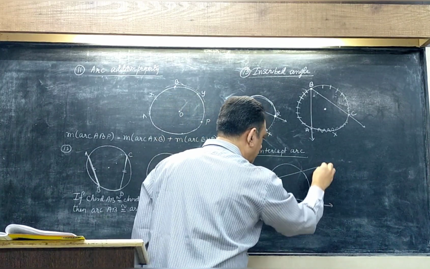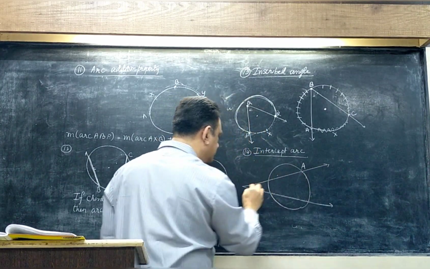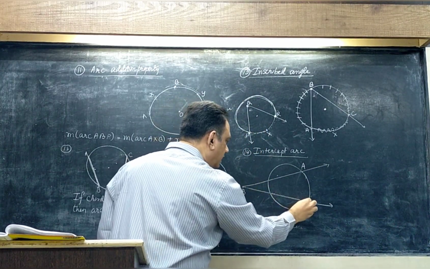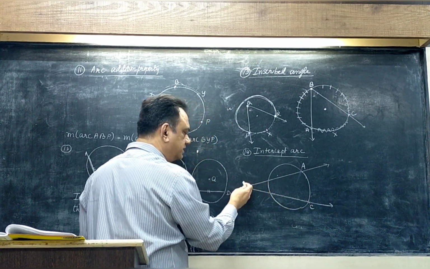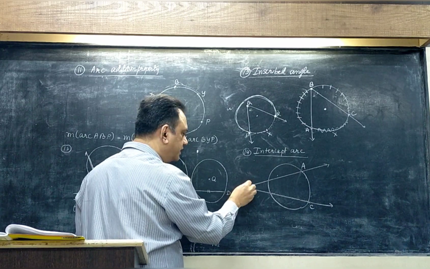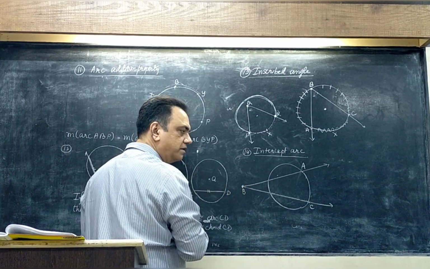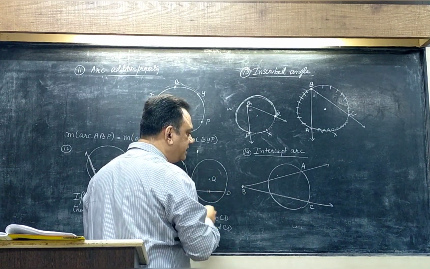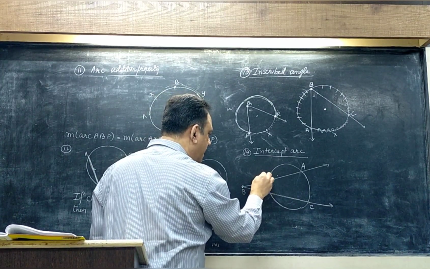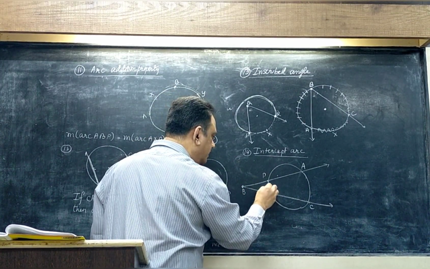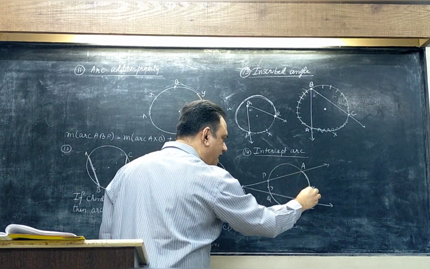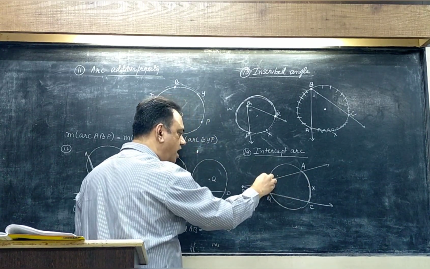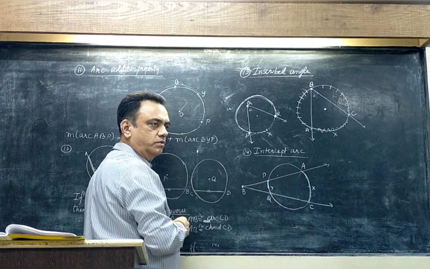If I draw a diagram like this, this is angle ABC. Is angle ABC the inscribed angle? Answer is no. Vertex doesn't lie on the arc. Then what about the intercepted arcs? There are two intercepted arcs over here. Arc AXC and arc PYQ.